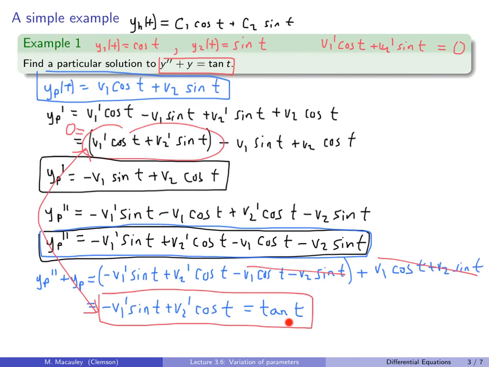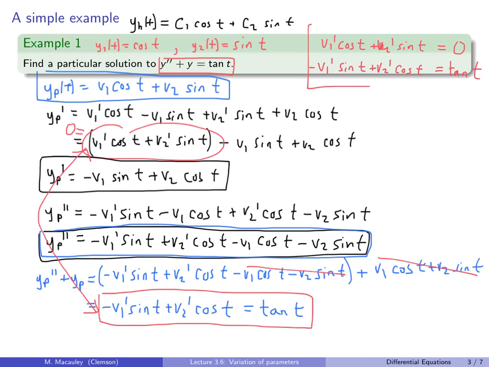And our second one is going to come from here. So we have negative v1 prime sine of t plus v2 prime cosine of t. And I know that looks like a u, but that's a v2, equals tangent of t.